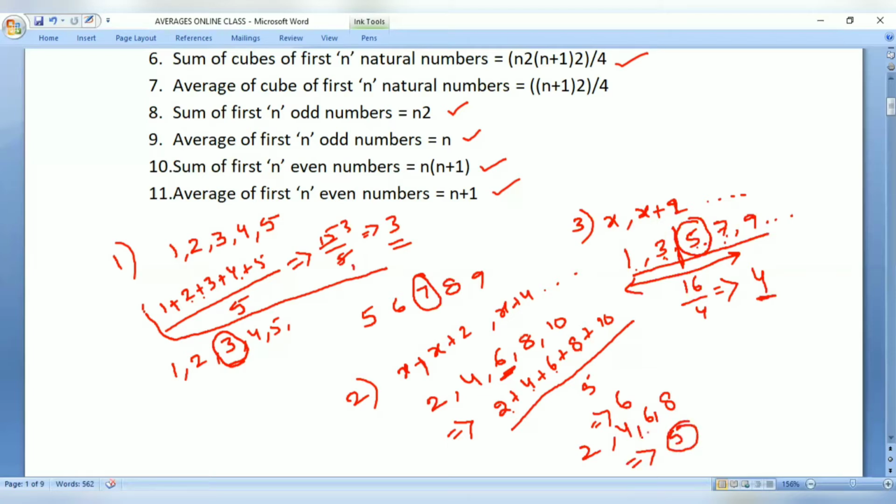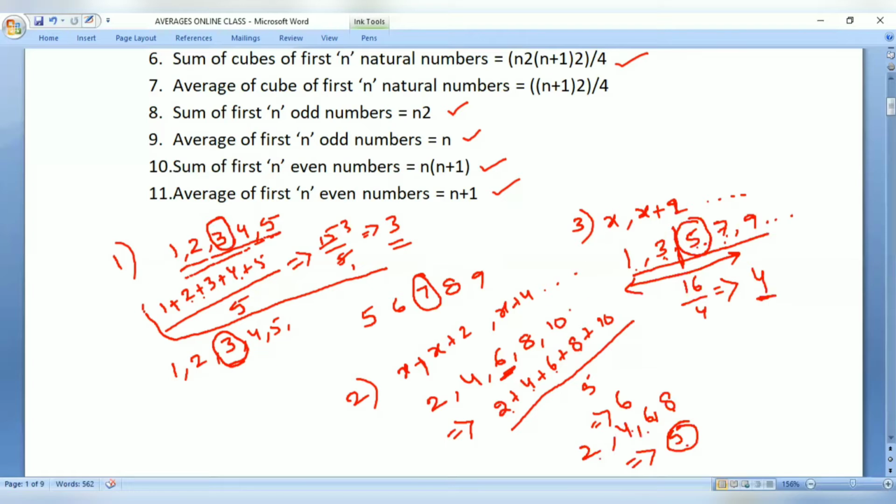Without doing the problem, you can directly say. Or if you want to calculate, 8 plus 6, 14 plus 4, 18 plus 2, 20. 20 by 4, how much? 5. So similarly, whenever you are given an odd number of values, for example, 1, 2, 3, 4, 5, the middle value is always considered as the average.